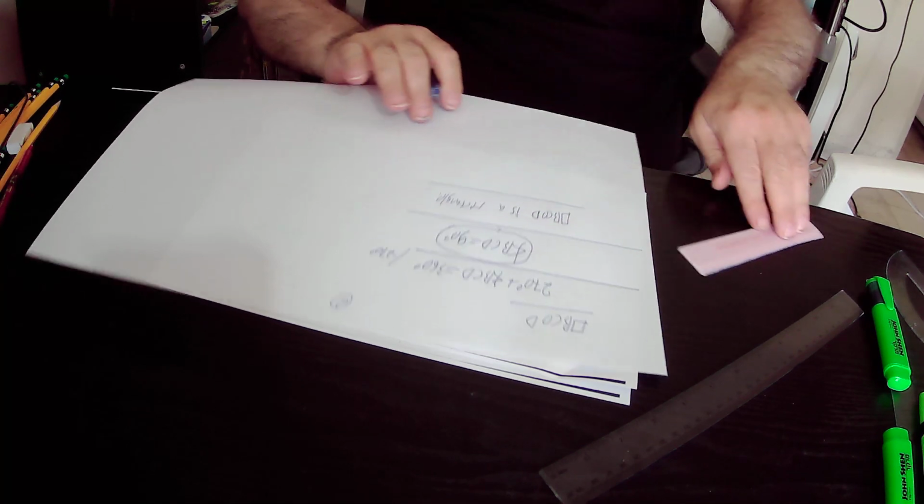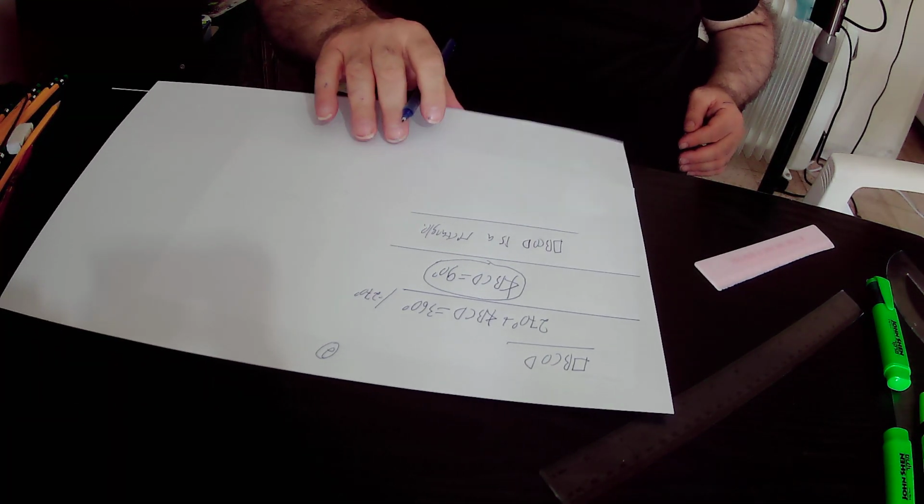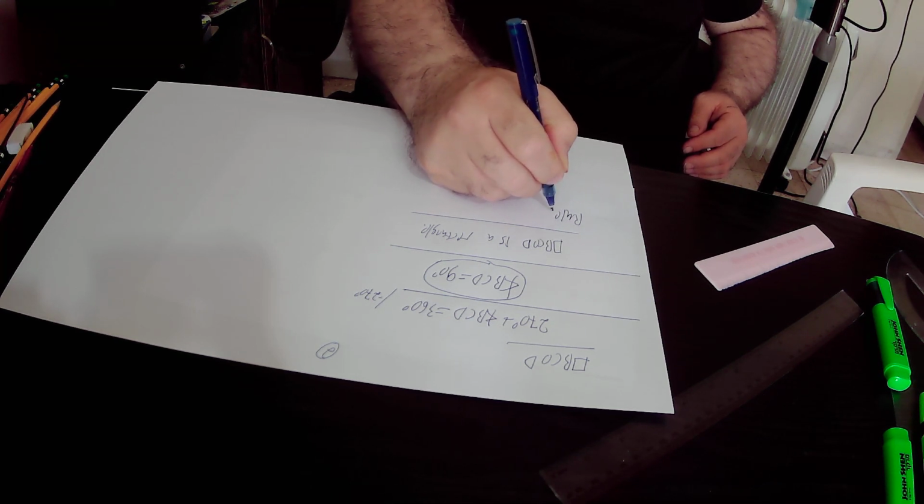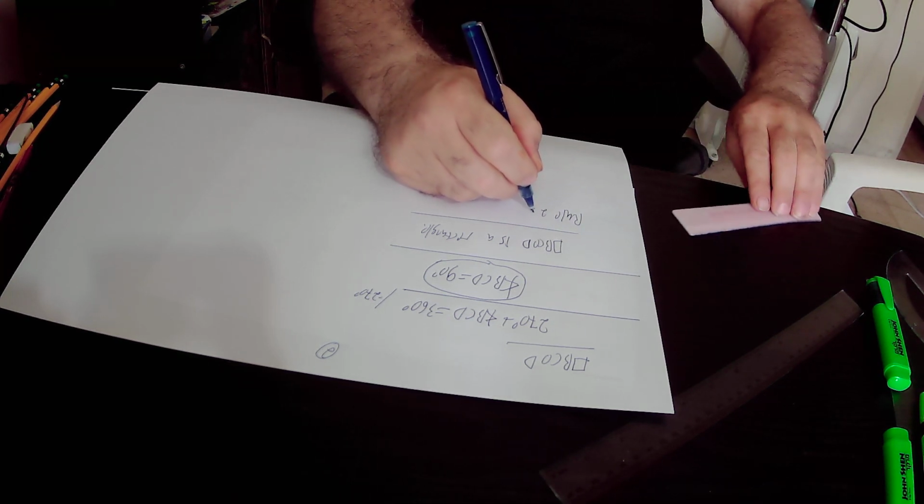And we have the rule, this will be rule number 2, that the opposite sides of a rectangle are equal to each other.